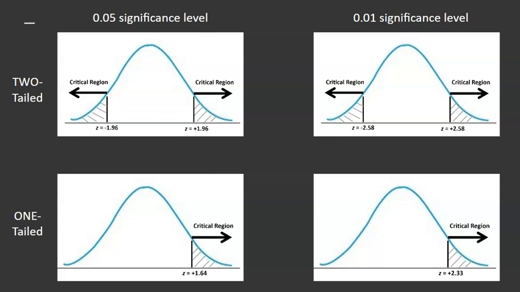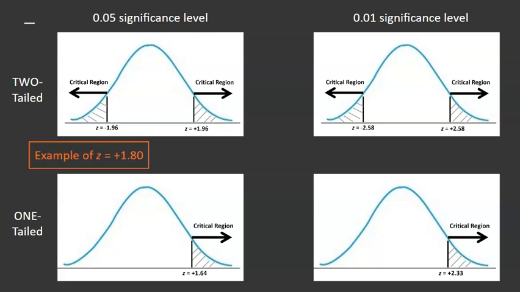When conducting a two-tailed hypothesis test, the critical region for a 0.05 significance level is z equals plus or minus 1.96. When conducting a one-tailed hypothesis test, also for a 0.05 significance level, the critical region is a z equals plus 1.64, just in one tail.